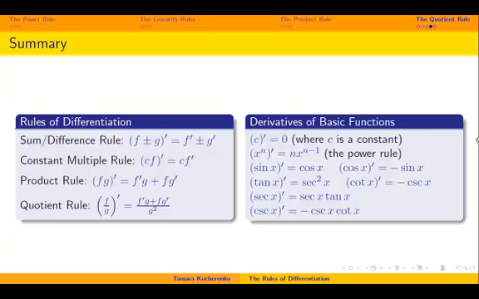The derivative of a power function x to the n is n x to the n minus 1. This is usually referred to as the power rule. Also now we know the derivatives of 6 trigonometric functions. All these formulas have to be memorized.